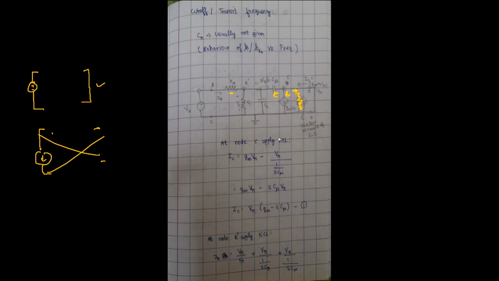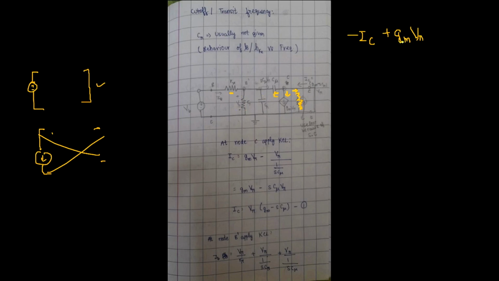So our KCL equation is minus IC plus gm into V pi, and the current flowing towards the left is, like we can see, the potential difference across the R pi resistor is V pi, right? The potential difference across R pi is V pi, and since C pi is in parallel, the same potential difference exists across the capacitor as well.